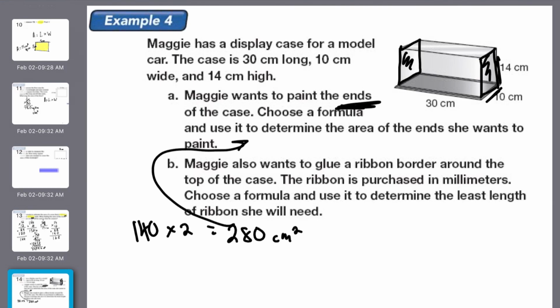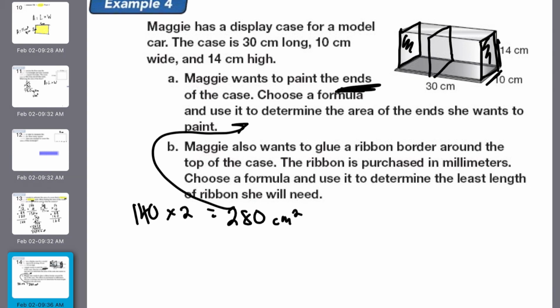Letter B, Maggie also wants to glue a ribbon border around the top of the case. The ribbon is purchased in millimeters. Choose a formula and use it to determine the least length of ribbon she will need. So I have 2 times the length plus 2 times the width.